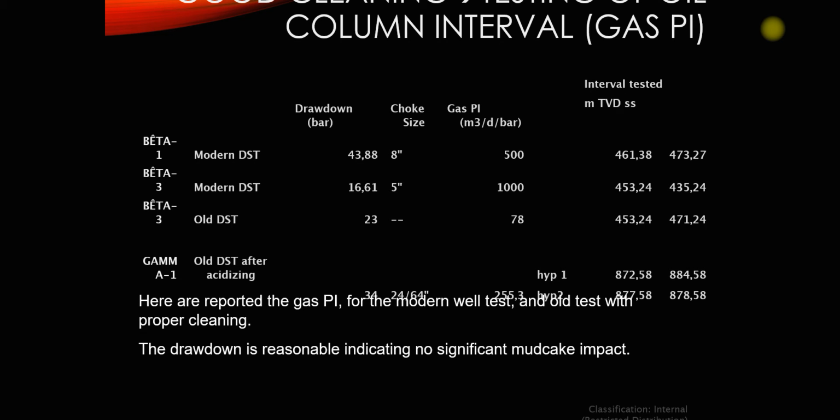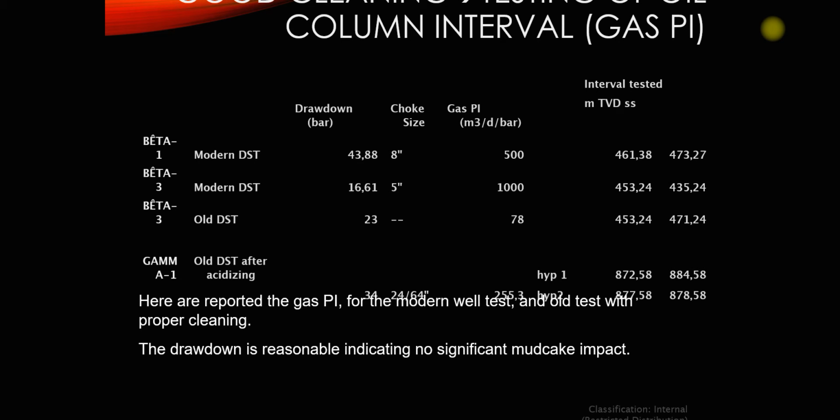These are reported for both modern well tests and old well tests. As you check the column on the left, you have some modern well tests like Beta 1, Beta 2, and some old DST conditions, Beta 3 on some interval, and Gamma 1. You can see that they lie at small drawdown.